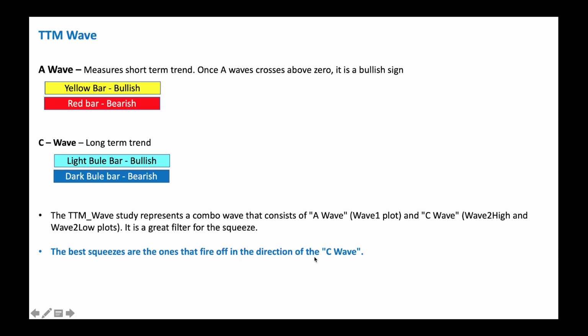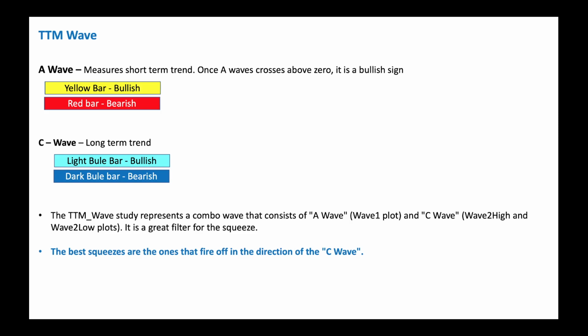For example, the moment you see a green dot after a series of red dots, and if the C wave is above zero, and if it's bullish, then you have the best squeeze. Basically, a squeeze in the direction of the C wave. In this case, if the C wave is above zero, it's going to fire on the bullish side, per John Carter. Obviously, nothing is 100% sure shot.